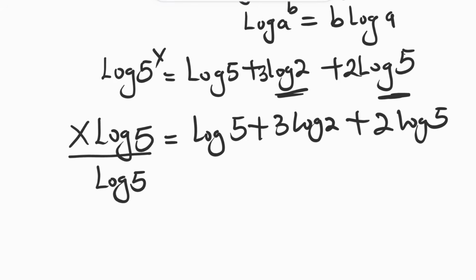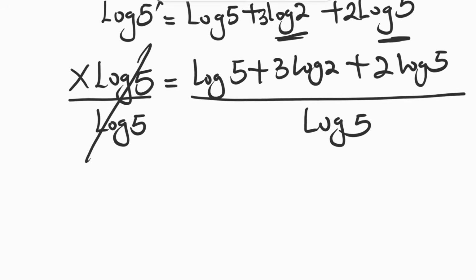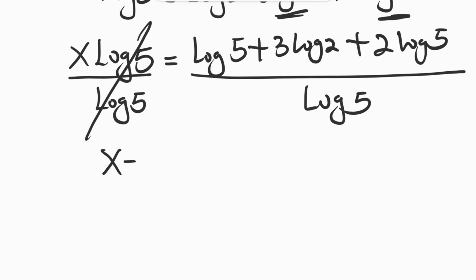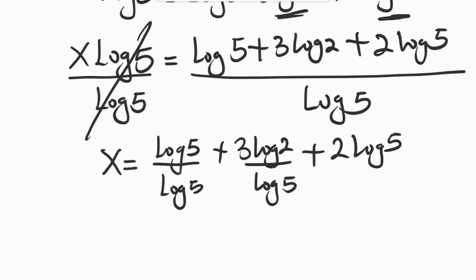So next thing to do would be to divide both sides by log of 5. That cancels out. So x is equal to, we're going to write the right hand side into standalone fractions. So we have log 5 divided by log 5 plus 3 log 2 divided by log 5 plus 2 log 5 divided by log 5.